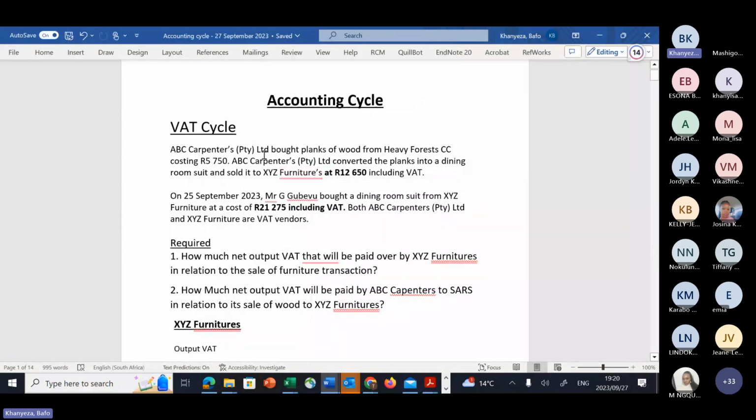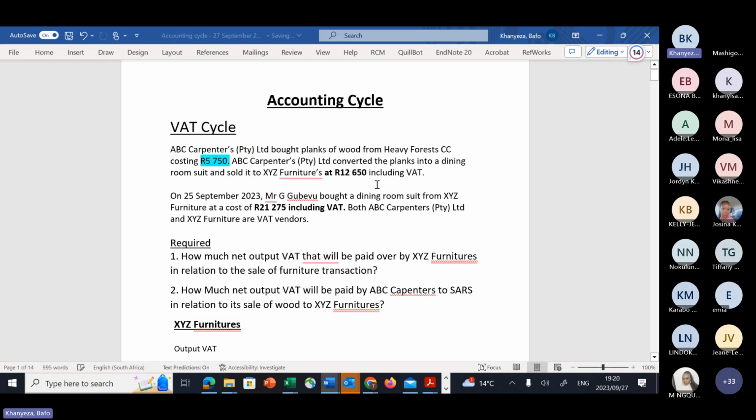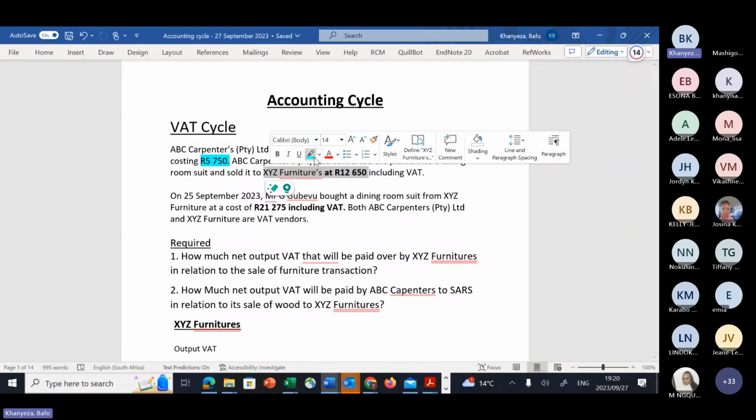ABC Carpenters Ltd. bought planks of wood from Heavy Forest costing 5,750. ABC Carpenters converted the planks of wood into a dining room suite and sold it to XYZ Furnitures for 12,650.